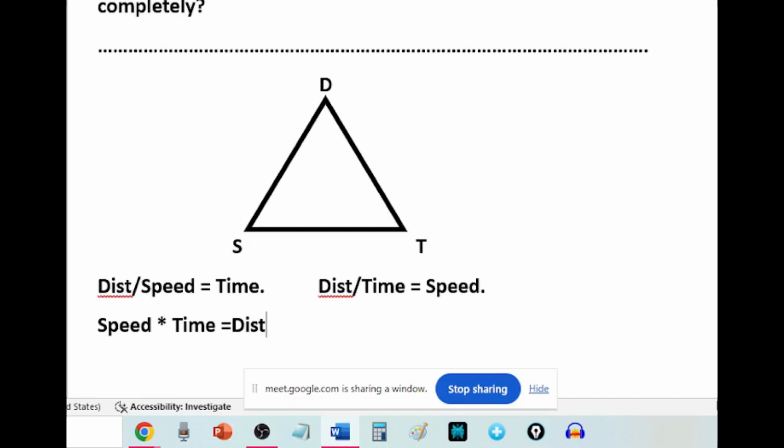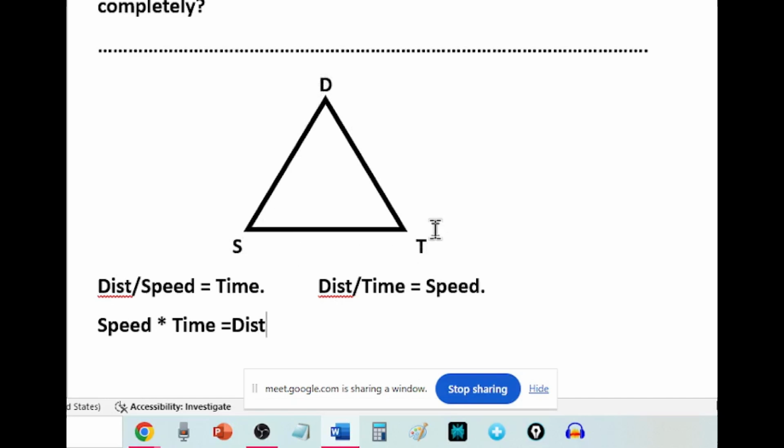So arrange like this, it is in alphabetical order. A, B, C, D: D comes first, on top, then P, Q, R, S, then S will come, and last T will come. So it is actually in alphabetical order.